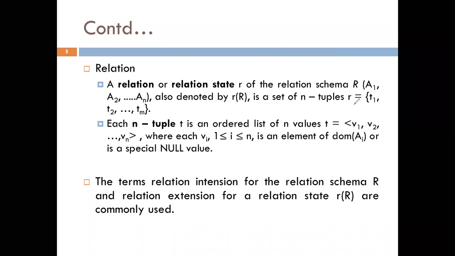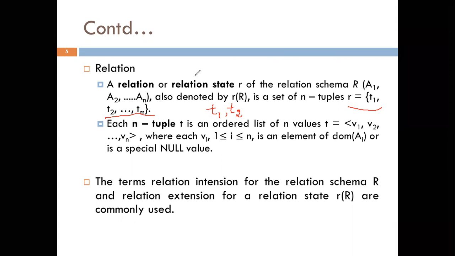A relational state r is defined as r = {t1, t2, ..., tm}. Tuple means a row. Each row is represented by a small t. So t1 indicates the first row, t2 indicates the second row, and similarly we can write tm.